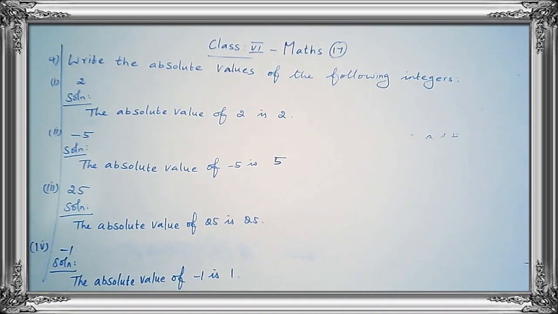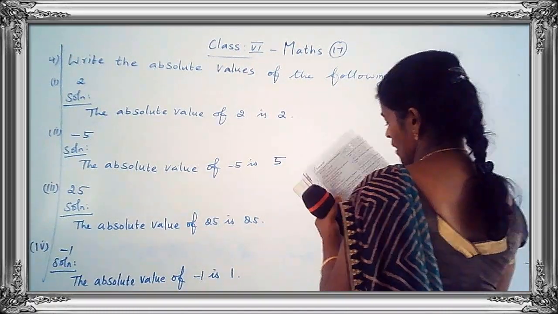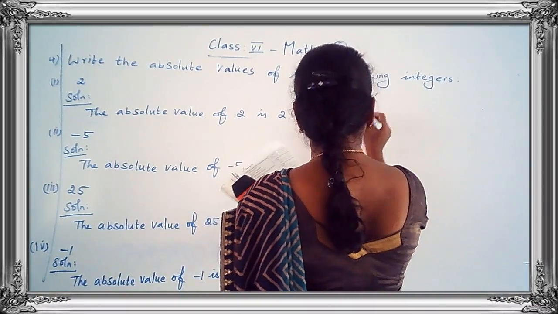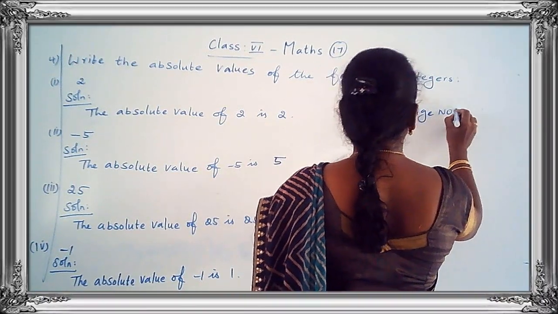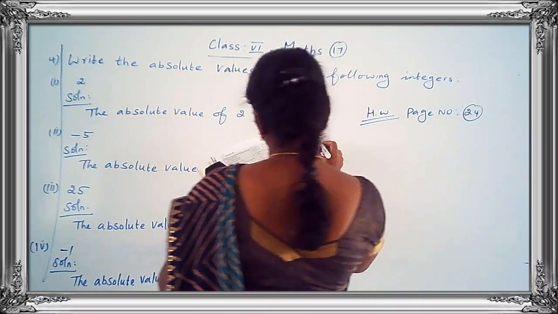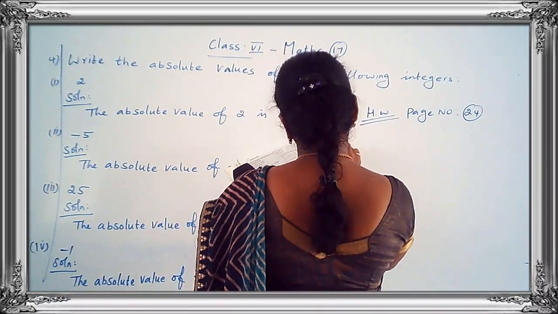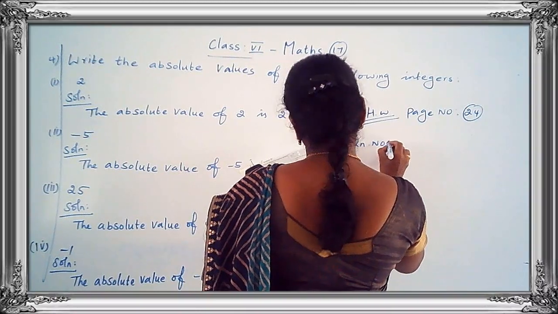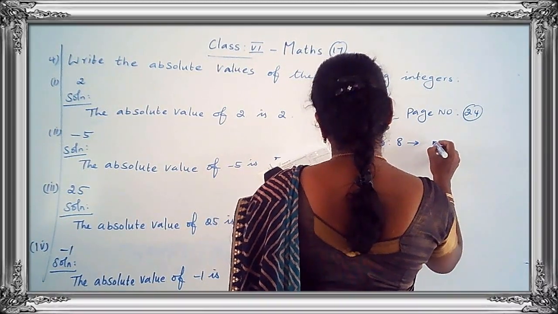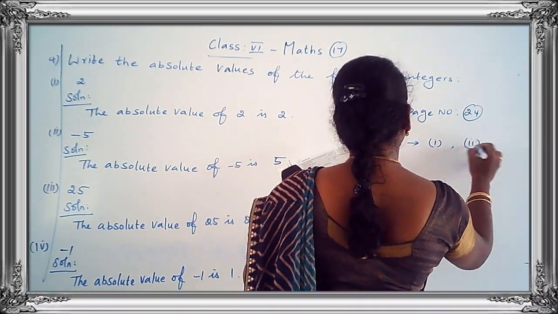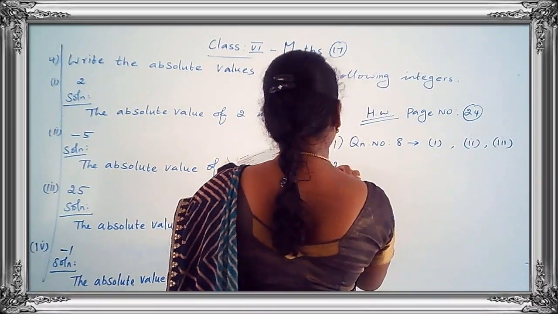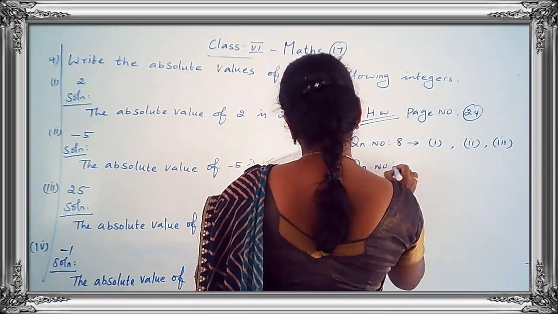Okay children, finished? Yes? Now you come to the homework sums. Your homework sums are on page number 24. All of you take your book, page number 24. Question number 8. Question number 9.